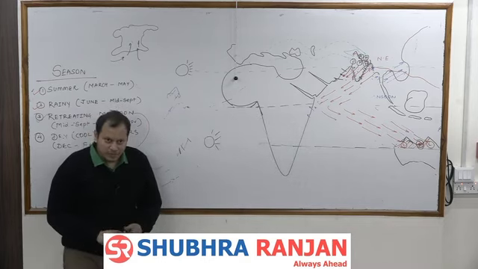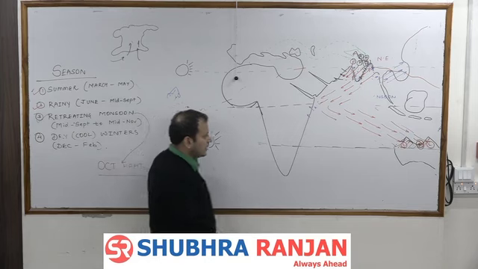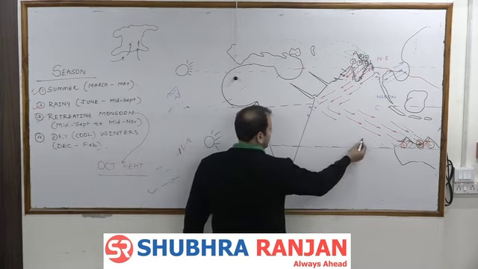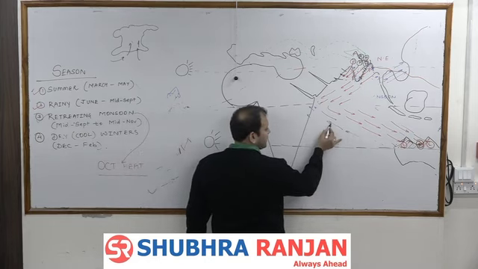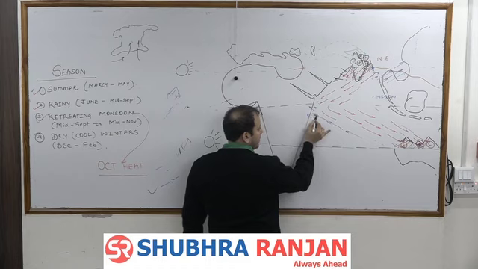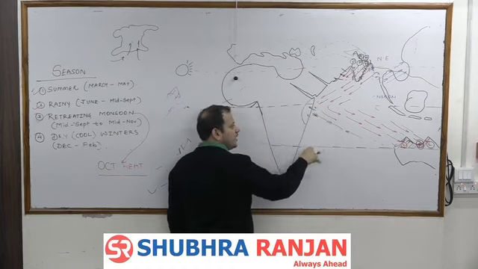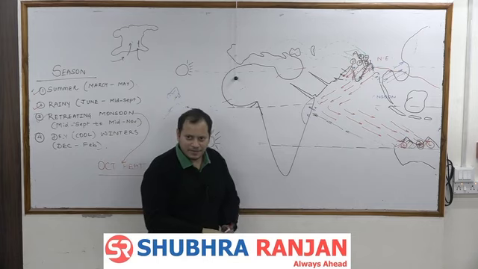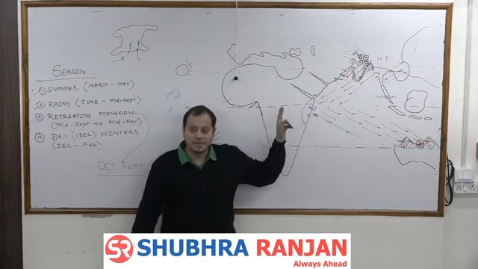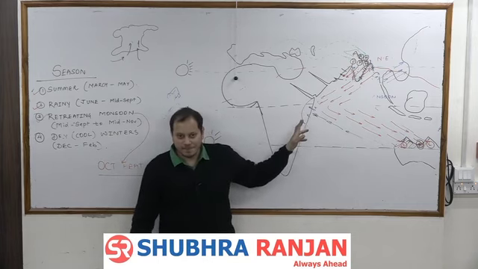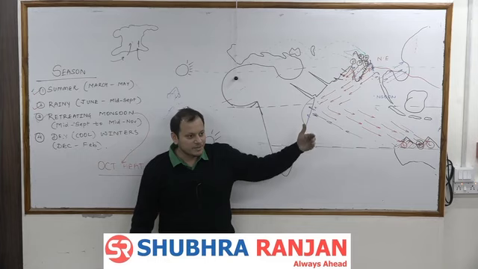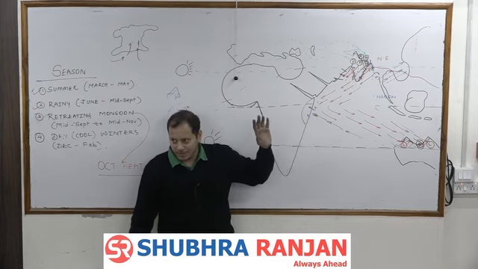But have you realized one thing: the winds were in the original direction this way when it was summer here, and now they are coming here. This region benefits because it is going to get rainfall. This is tropical marine type of climate, a slight modification of tropical monsoon.